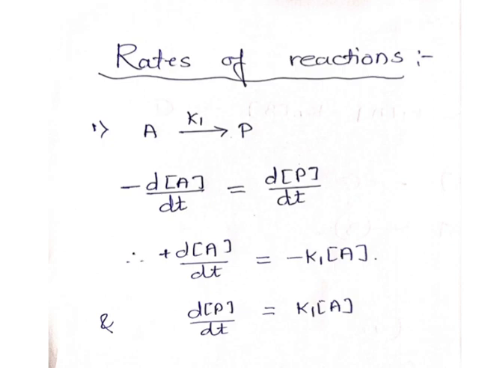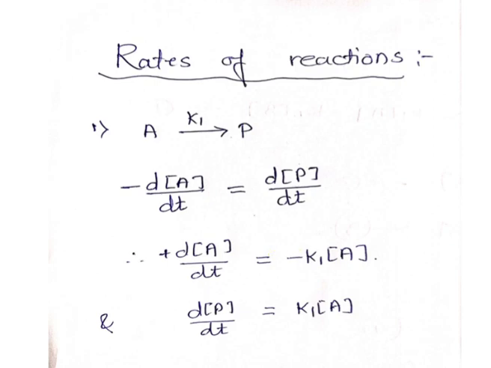Now we have to note down the rate of only A, a reactant. So, we can note down dA by dt. This minus sign can be written either on the left side or the right side when only one reactant is there.